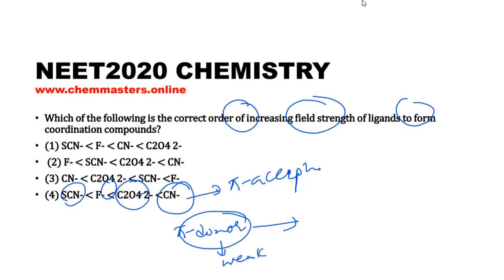And the pi acceptor ligands are the ligands with strong field strength. They lead to a strong field nature in the complex. So based on this simple concept, CN minus is a pi accepting ligand. That's why it should have the highest field strength, and SCN minus has the least.